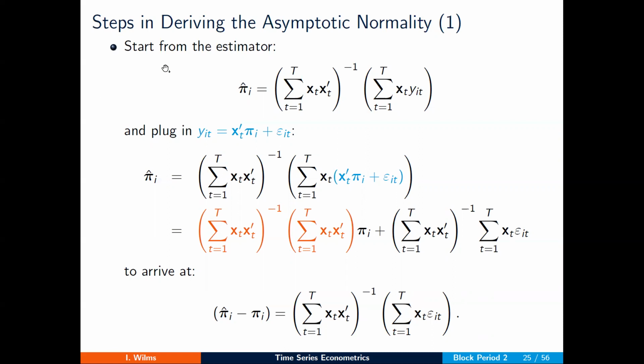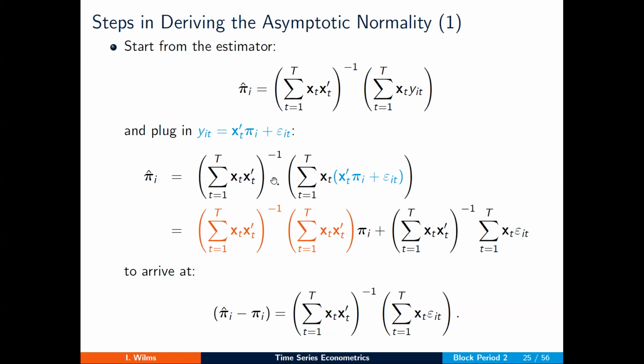First of all, start from the definition of the estimator, where the coefficients for the ith equation of the VAR are obtained through this formula of the least squares estimator. Then we continue by plugging in the DGP for y_it, as indicated in blue over here, which is nothing more than X times pi_i plus the error term.